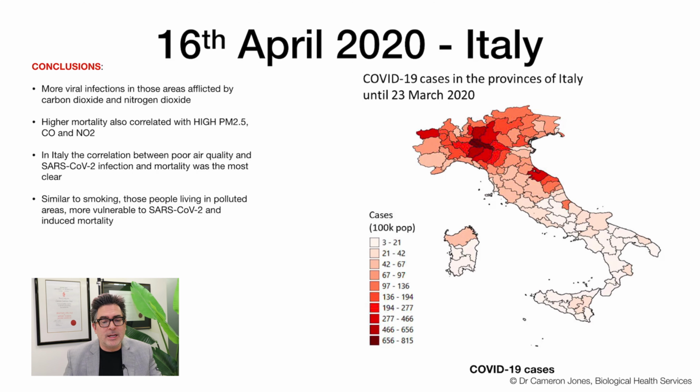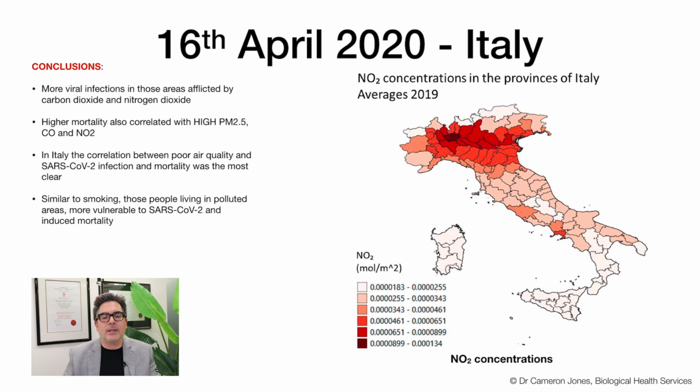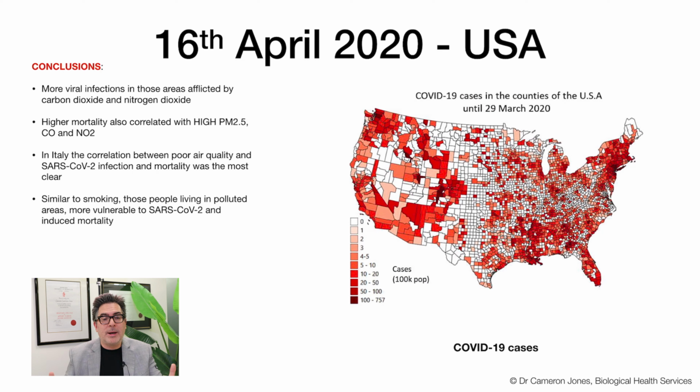Now, what about Italy? These scientists, using the satellite imagery data, mapped out the number of COVID-19 cases, and now look at the nitrogen dioxide concentration. You can see there is a very strong connection between exposure to pollution and the number of cases of COVID-19. Now, what about America?